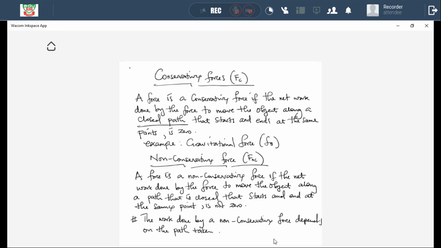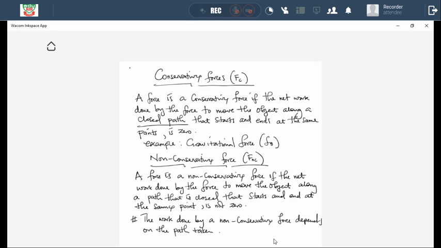Like I said, frictional force is a very good example of a non-conservative force. If an object is pulled from point X to point Y, the work done by friction will depend on how far it is from point X to point Y. So the further the object is moved, the bigger the work done. So in other words, the work done by a non-conservative force depends on the path that is taken.